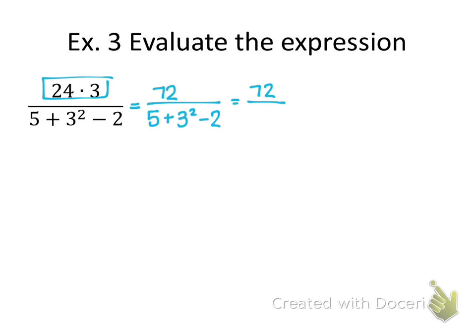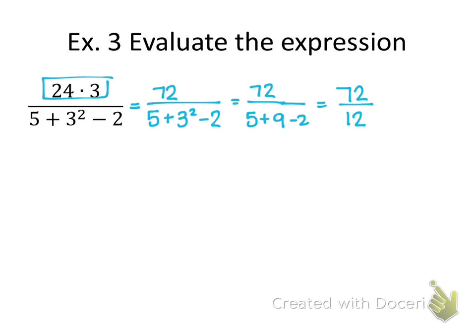What would I do first in my denominator? Exponents. So I've got 5 plus 9 minus 2. And now I just use my left to right rule. 72 again hangs out up at the top. 5 plus 9 is 14 minus 2 is 12. Now you don't have to write 14 and then 14 minus 2 is 12. I understand that you can do that in your head. That's not too hard. Okay, you don't have to show me that work.